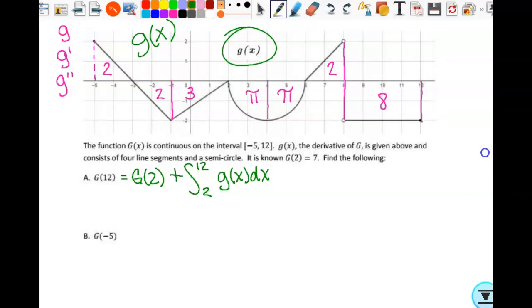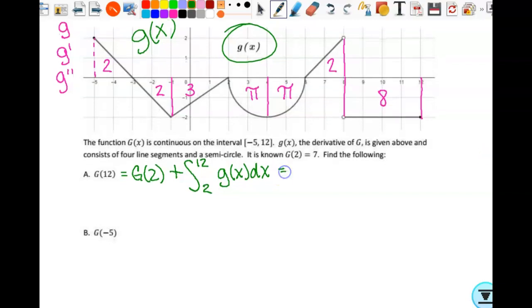I shouldn't have rolled there. What is G of 2? 7. And I'm going to add to that the integral from 2 to 12. Okay, so let's just do that a little piece at a time. From 2 to 6, what would I have? Negative 2 pi, right?